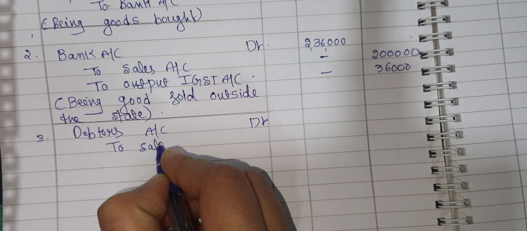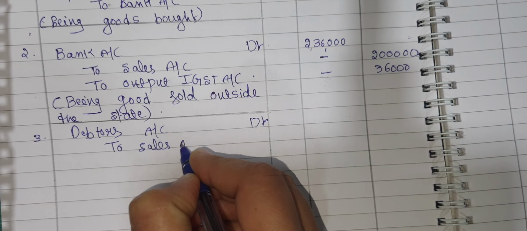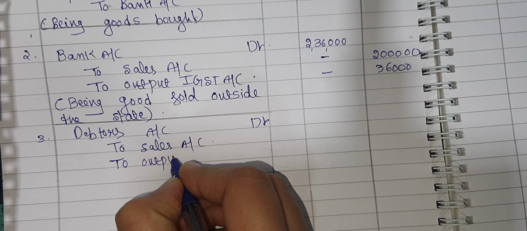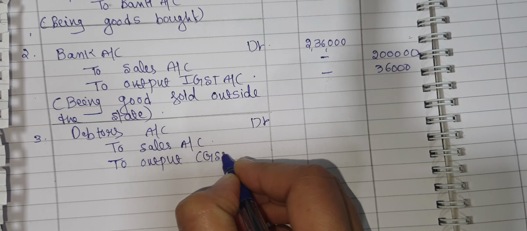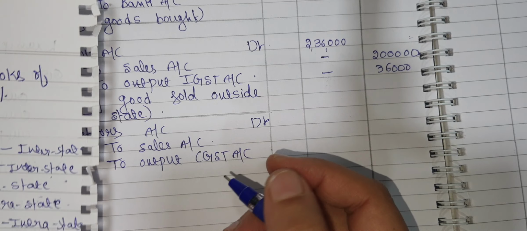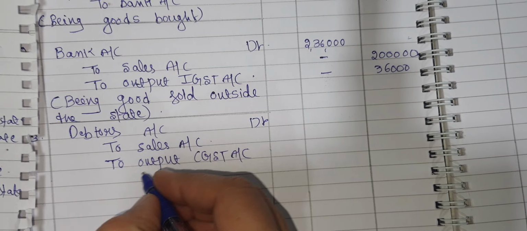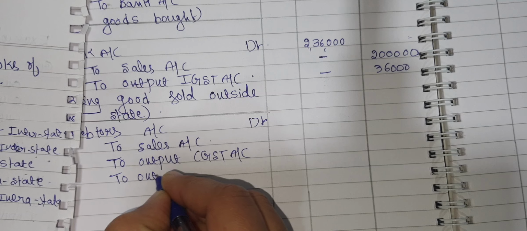to sales account, to output CGST account and SGST account. Why? Because this transaction falls under intrastate.